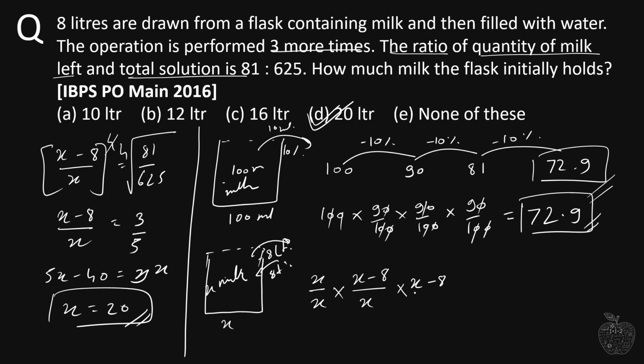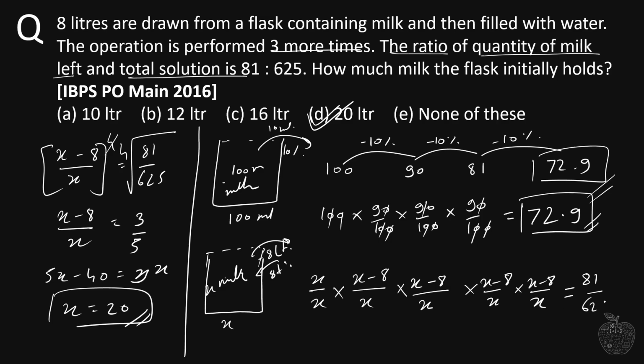So again we multiply by the leftover ratio, which is x minus 8 upon total solution, x. So (x - 8)/x times (x - 8)/x, and so on, is equal to the ratio of quantity of milk left, 81, upon total solution, 625.